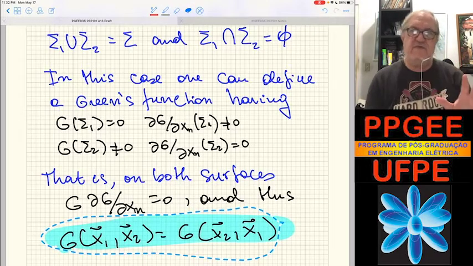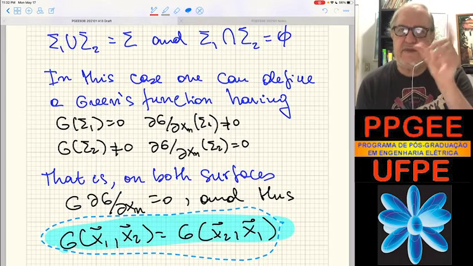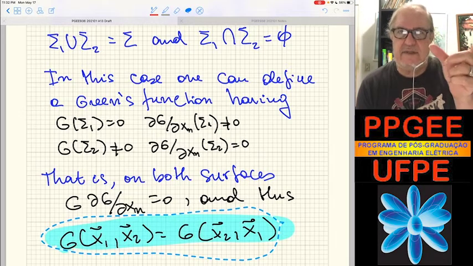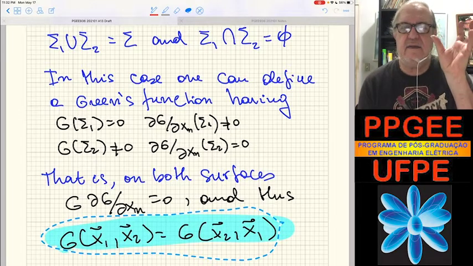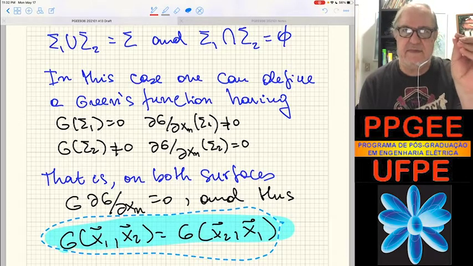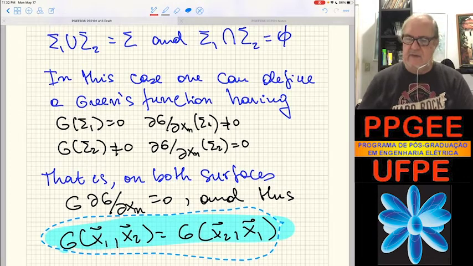So that's the full proof of the symmetry property of Green's function. Green's function is symmetric for mixed boundary value problems, and for Dirichlet boundary value problems. It is not necessarily symmetric for Neumann's boundary value problem.